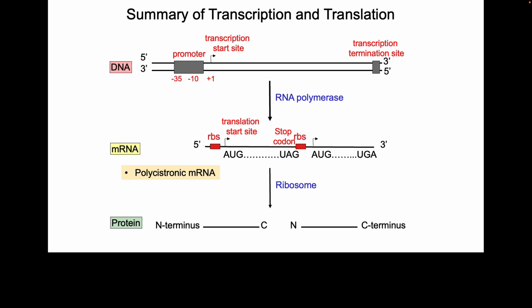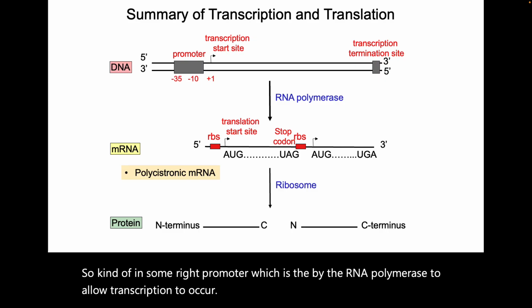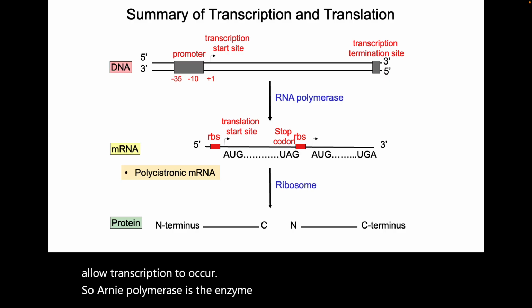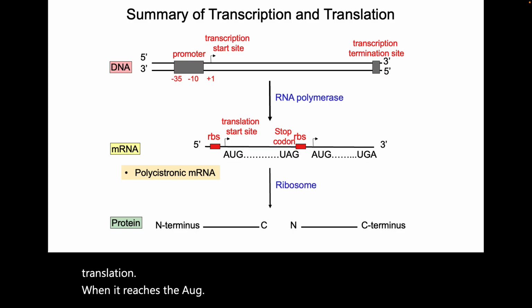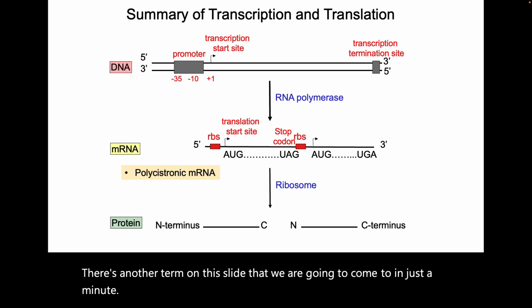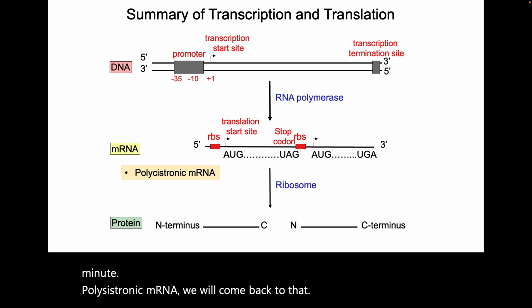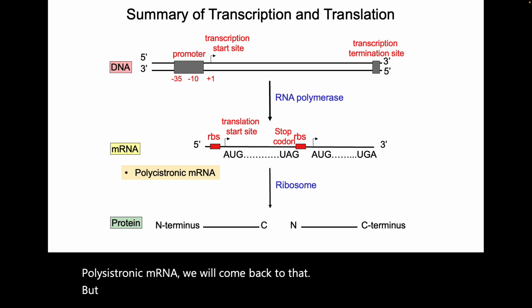The ribosome will bind there and can begin translation when it reaches the AUG. There's another term on this slide that we are going to come to in just a minute. Polycistronic mRNA. We will come back to that. But broadly, you have the transcription and the translation that gives you the proteins.